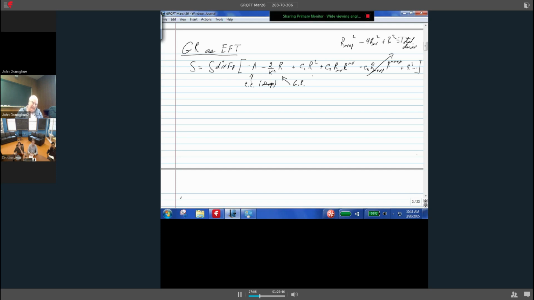I will drop it, though it's interesting enough to keep. The second term, of course, is just usual general relativity. The third terms are curvature squared terms, and since we live in a world with small curvature, they're almost irrelevant. And in fact, you can bound these coefficients. So let's see how you bound them.